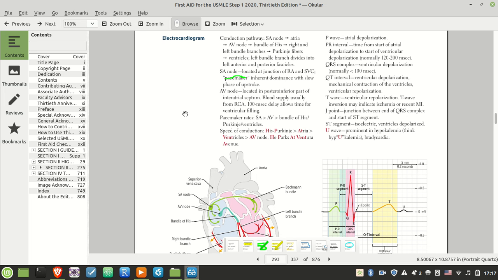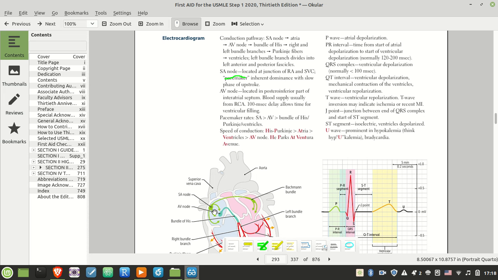You don't have a lot of different pacemakers, but for example, the AV node will act as a pacemaker if the SA node doesn't work. If you have some sort of problem with your sinoatrial node, for whatever reason, if it's not firing, your AV node is set to fire if your SA node doesn't fire.